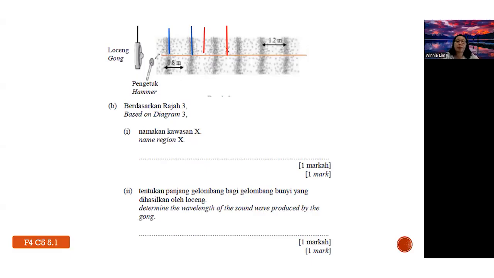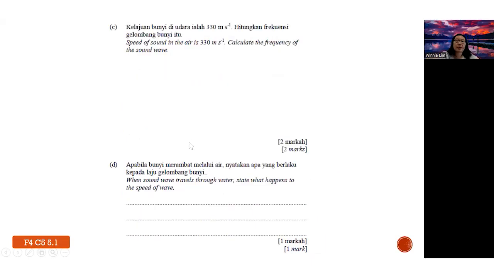Which one is the proper one based on my explanation? Of course, the 1.2 will be the wavelength itself. Sometimes the questions will give you, maybe 3 wavelengths, like that from here. So you count 1, 2, 3, and then you divide by 3 for the given length. Okay, so this is the answer, and then we proceed to the next part.